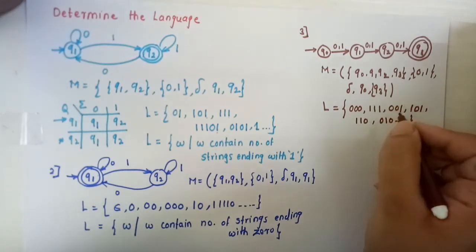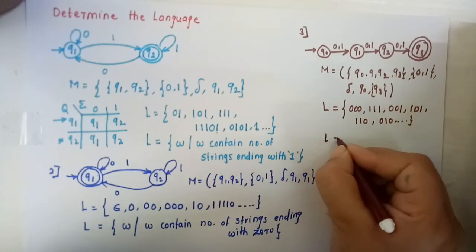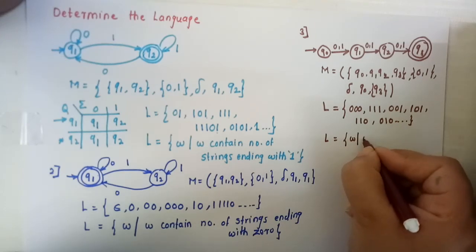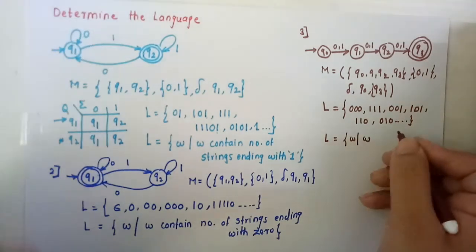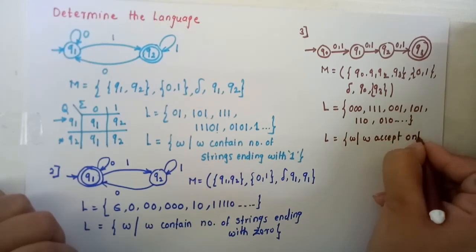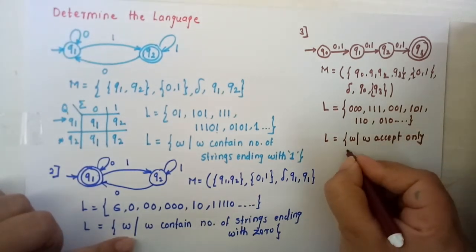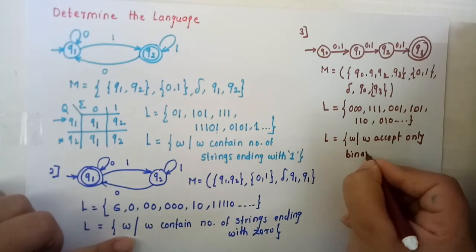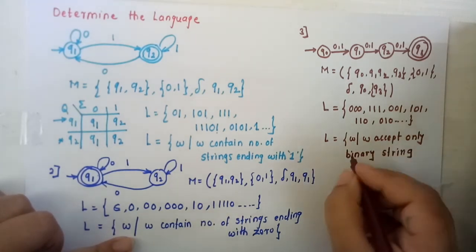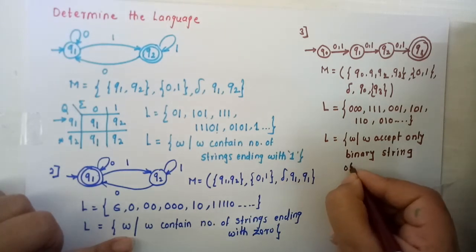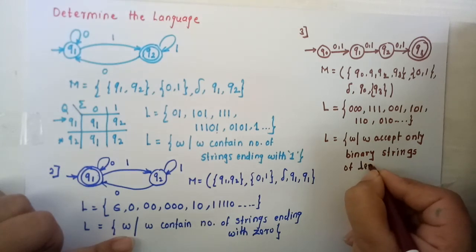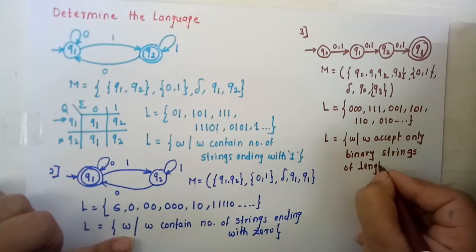So language L is equal to w, where w accepts only binary strings of length 3.